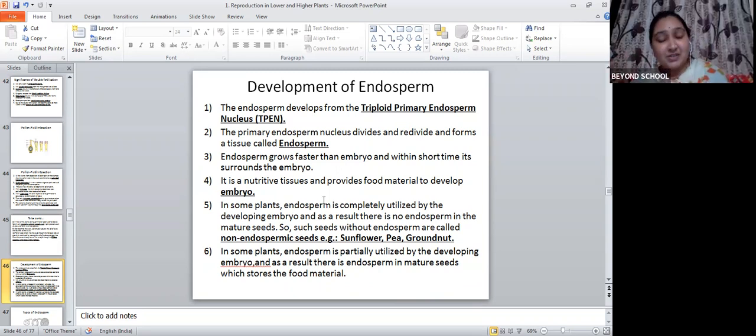In some plants, if you see, the endosperm is partially utilized. Meaning, it is utilized a little during the development of the embryo. What does it result in?